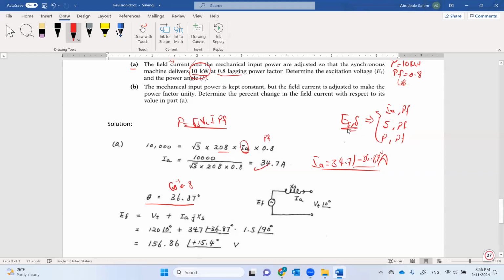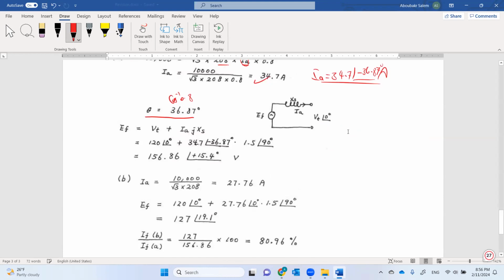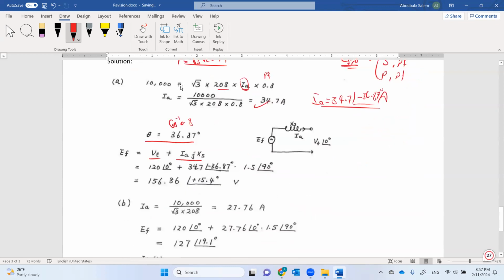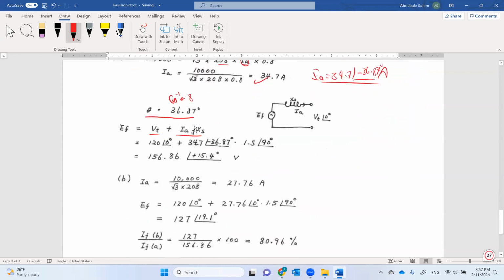We can substitute now in our relation. We neglected the resistance in this problem, so we can say V terminal plus jIAXS. If you have a look at the nameplate data here, he mentioned 208 volt, but we mentioned that this volt is line to line. And this equation is for a single line diagram, so we have to use phase values.